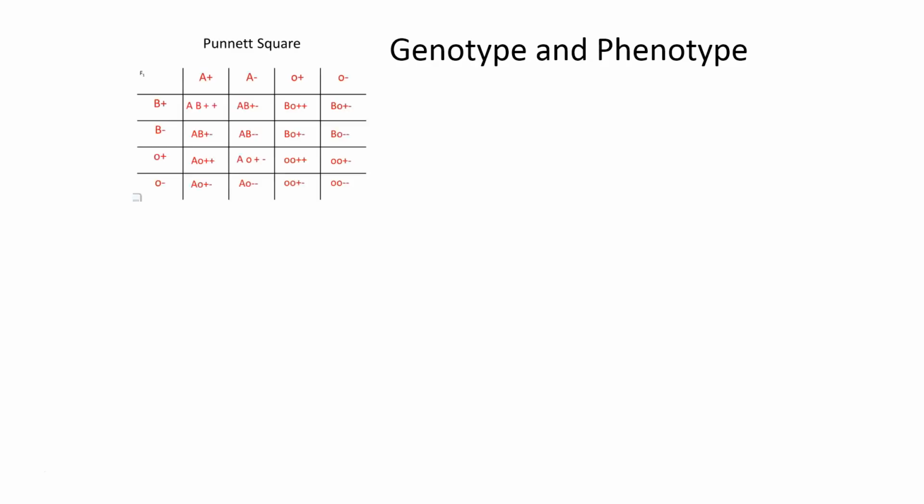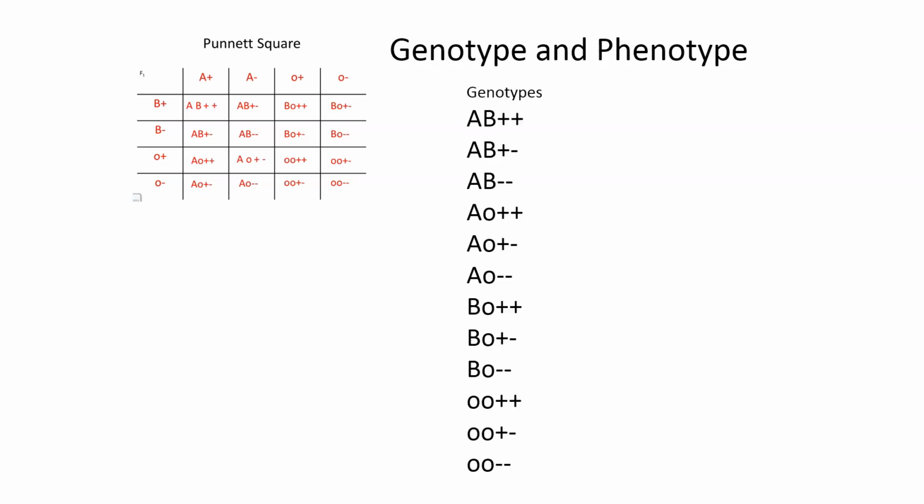Now we go from there where we've got all of our possibles, and we start looking at genotype and phenotype. Genotype, we said, was the actual genetic makeup. So we take our Punnett square and look at the possible genotypes, and then we've got to figure out how many of each one we get. The AB++, we've got one of them.